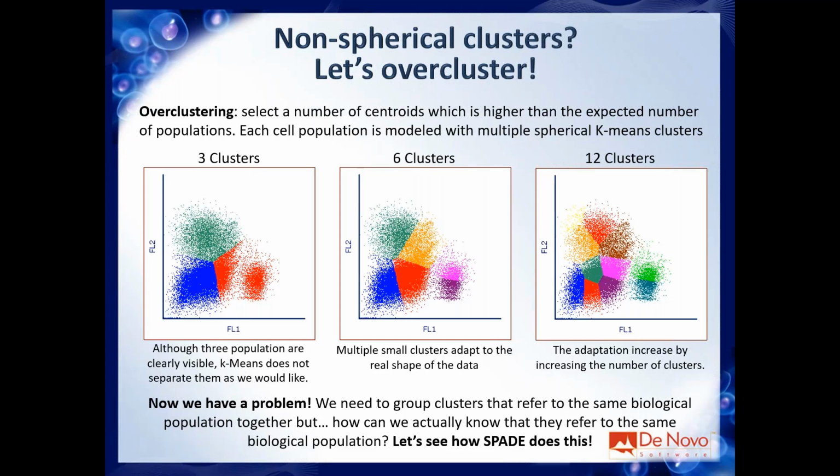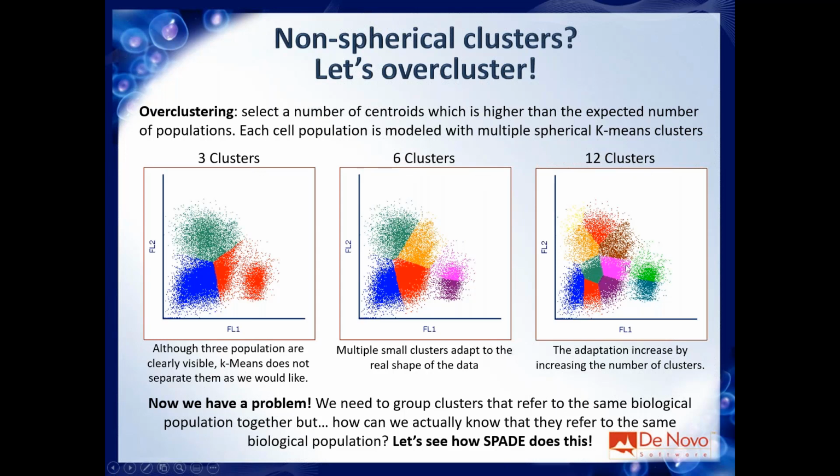So the solution is called overclustering. The idea is that if I cannot shape a population using a single round cluster, I can try to shape that population with a multitude of small round clusters. So the idea is to increase the number of clusters, like 6, 12, 20, 50, whatever.